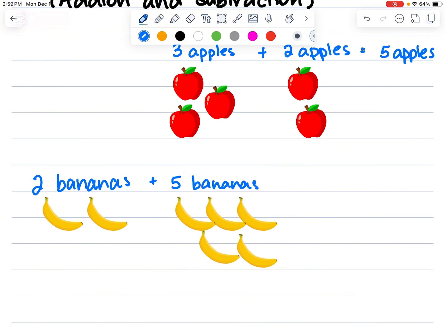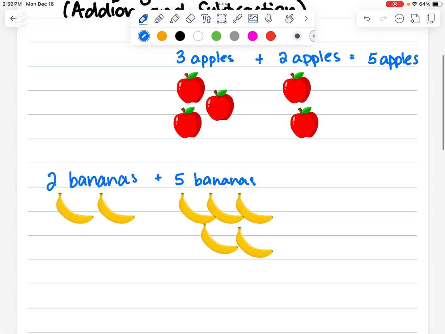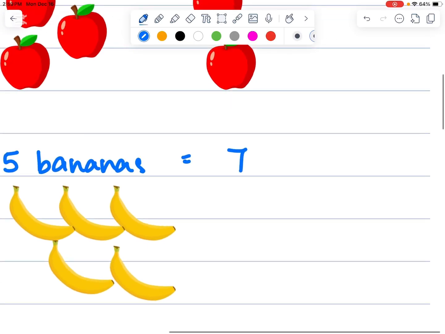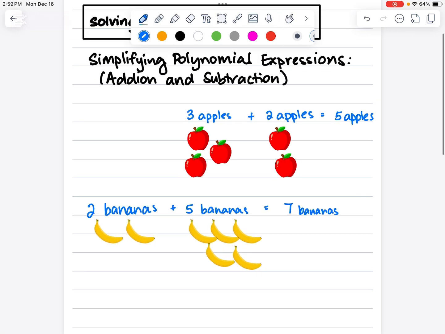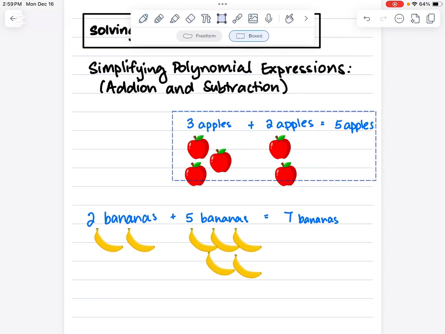And I don't need this one. Well, what do we end up in our basket? We now have, and you can count it if you need to, 1, 2, 3, 4, 5, 6, 7. 7, and again, we don't just say 7. You've got to tell me what you have. So 7 bananas. So that's, I think, fairly doable for most people.